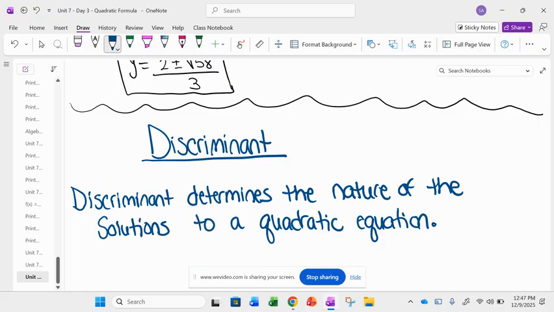Again, how do I identify a quadratic equation? The biggest exponent has to be 2. So this discriminant only works on quadratic equations.